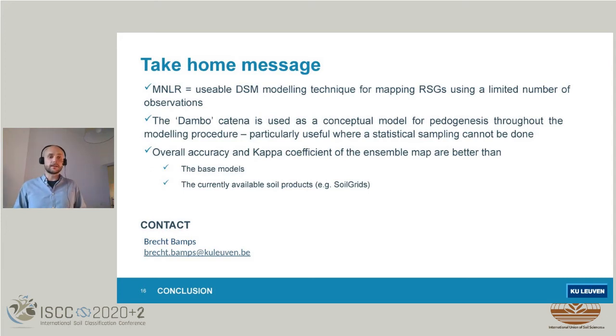Secondly, given the difficulties of the terrain for the implementation of a statistical sampling design, we had to shift to this Dumbo catena approach, where that was used as a conceptual model for pedogenesis to come up with an optimal coverage of the variability within our area.